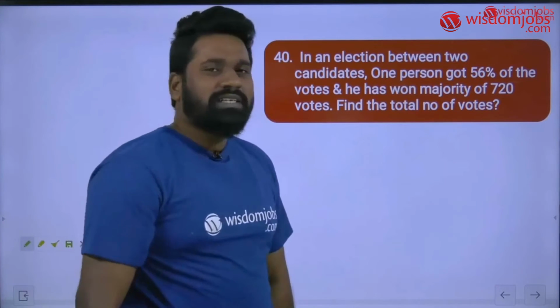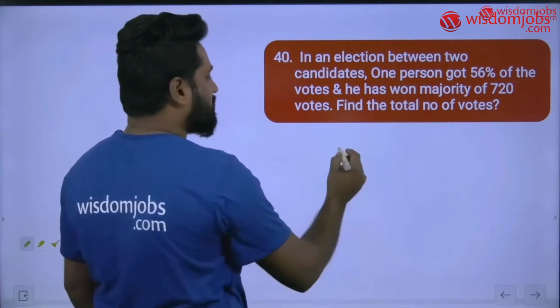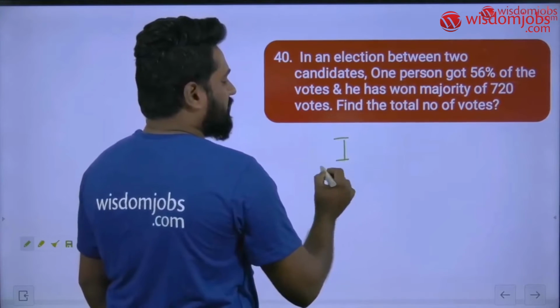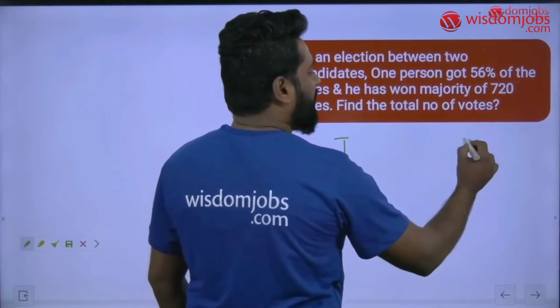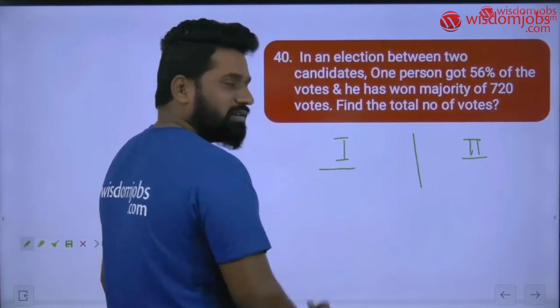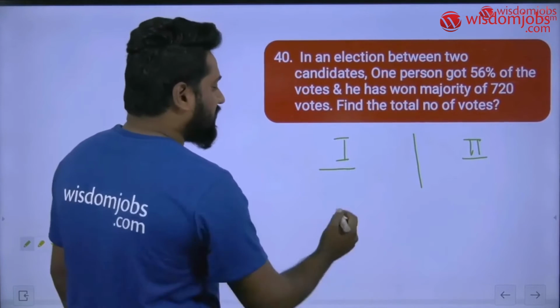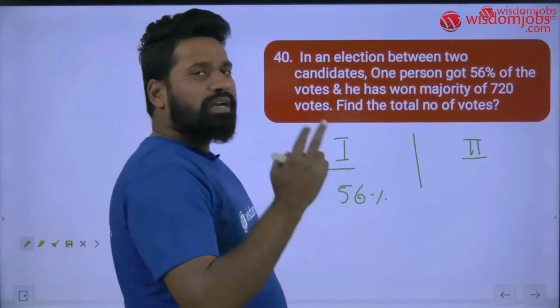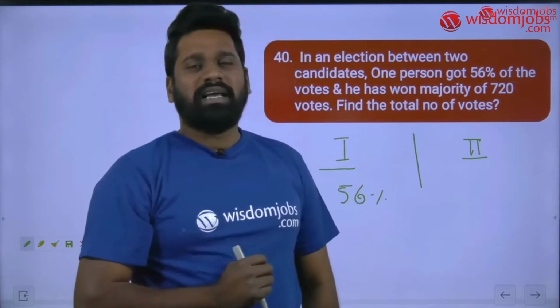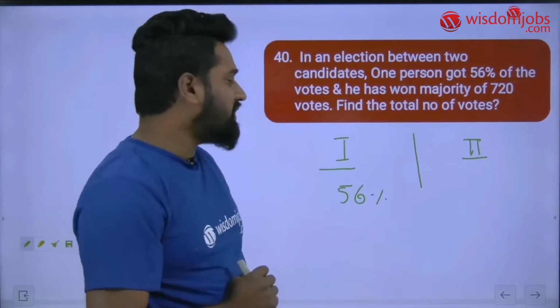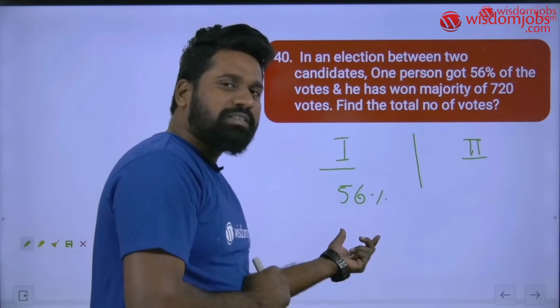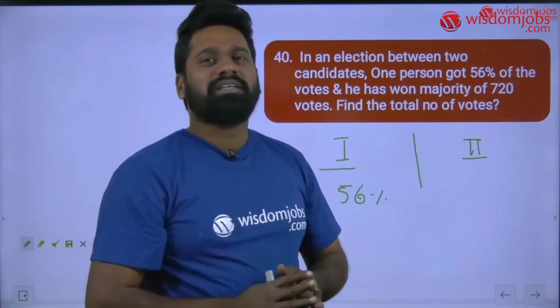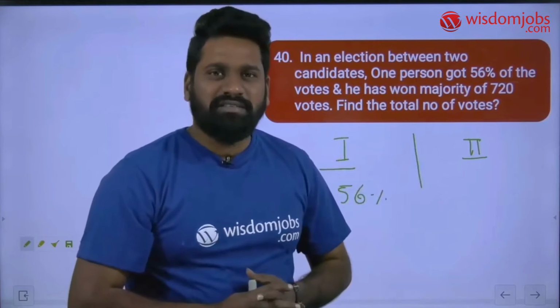So first person got 56% of the votes. Thus you can write, this is the first person and this is the second person. Right? So the first person got 56% of the votes. Here only 2 persons are participating in the election, which indicates that the first person got 56% means automatically the second person got the remaining percentage of the votes.